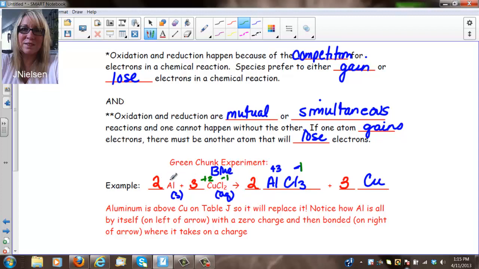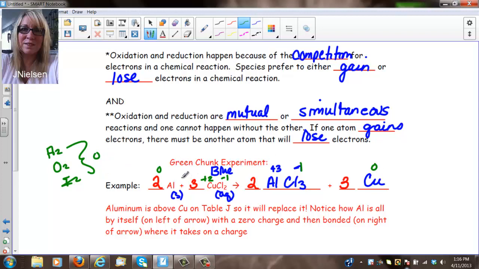Any element, this is one of the first rules that we will learn, any element that's by itself, including Brinkelhoff, so if I have H2, O2, I2, any of Brinkelhoff, they're considered in the free or standard state, they get assigned a 0. So these get assigned a 0.